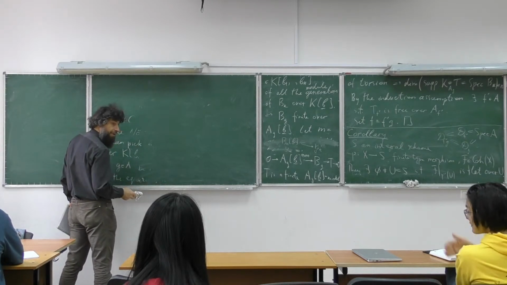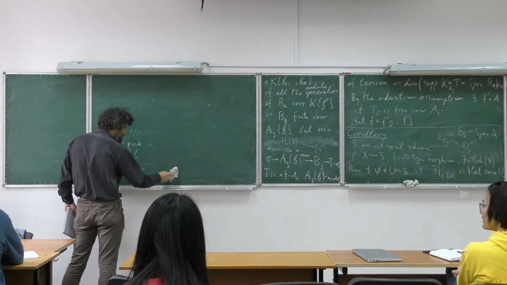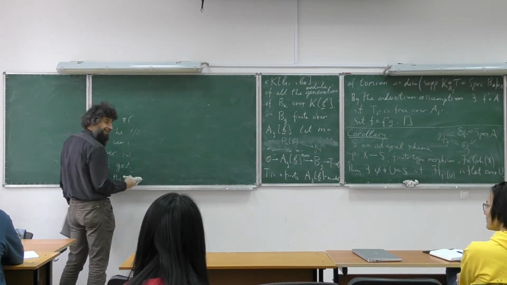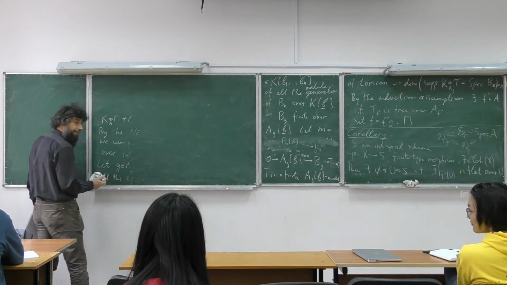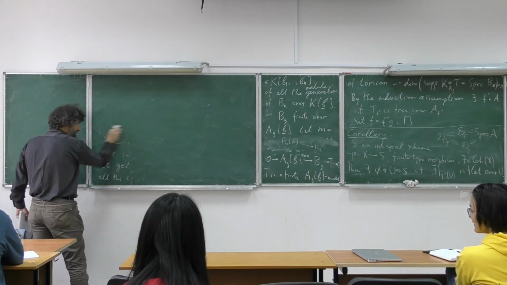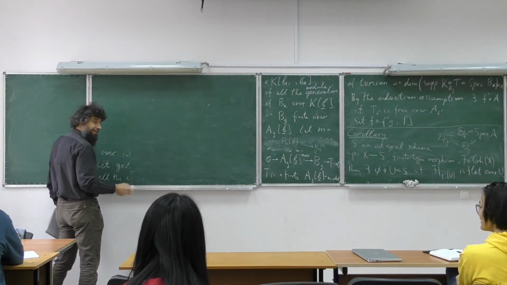Local freeness implies flatness, and for coherent sheaves over regular schemes the converse is also true. What's a regular scheme? For varieties, it means smoothness, as we studied it.